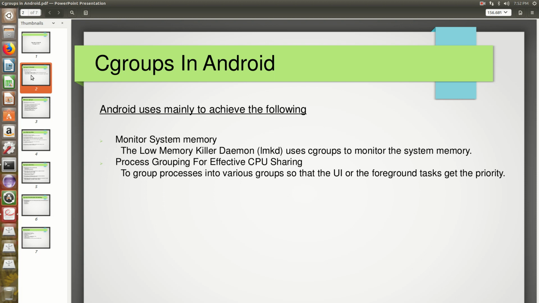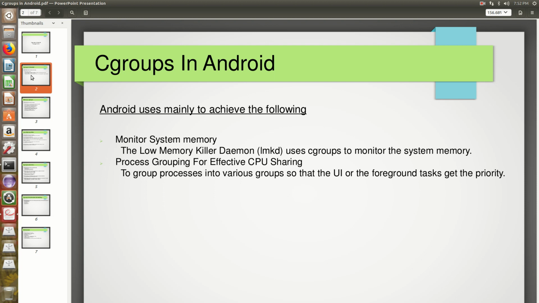It's different from the traditional approach in the Linux kernel, wherein the kernel itself identifies the process to kill and kills something. Here we are giving that policy decision to the low memory killer, which identifies the process to be killed and kills it. So the low memory killer makes use of cgroups to identify, measure, or get notified of the memory pressure level.